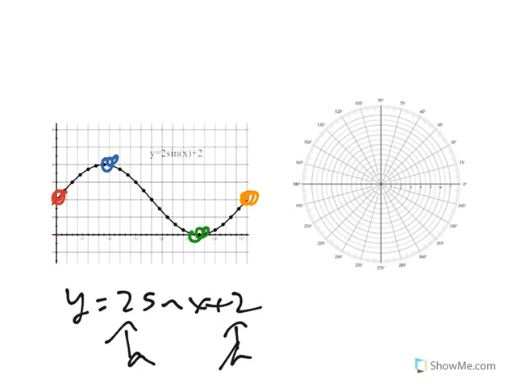So those points correspond to 2, 0, 90, 2, 270, 0, and 360, 2.